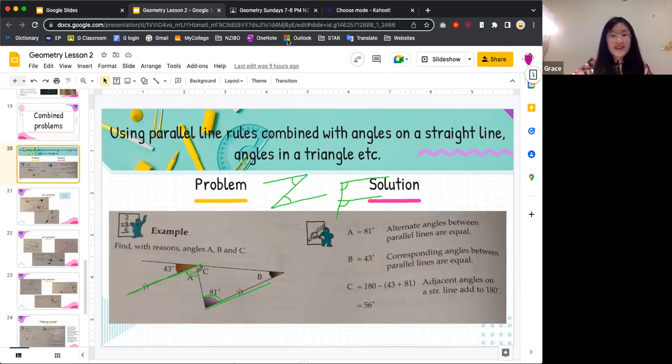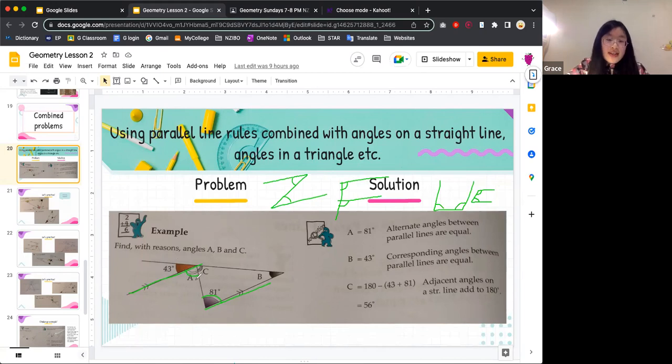Yeah, U. You could say it's like a U, facing each other, or like a C, either way works. Or you could even say it's like an N if it's upside down. Those are the different shapes you get with these types of angles.